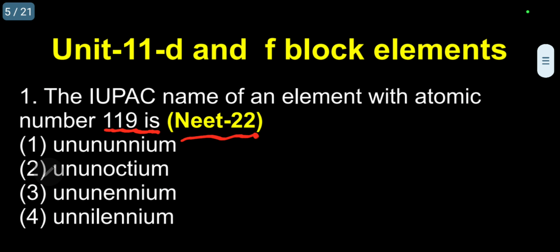The important information is, what is un? Un means 1. Nil means 0. There are 4 options given. Kindly follow.